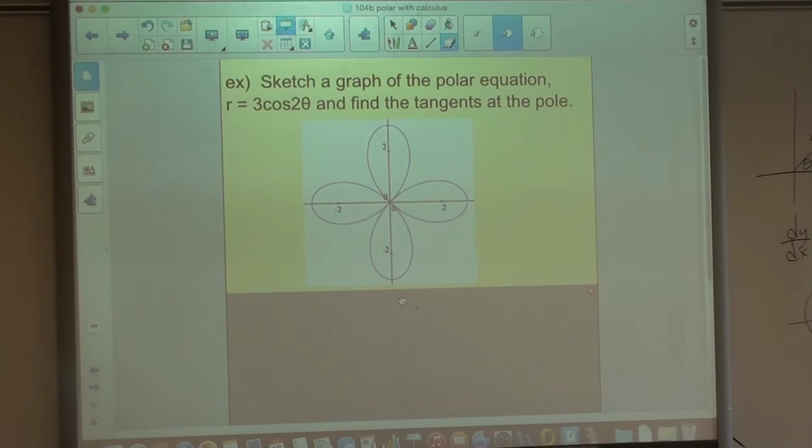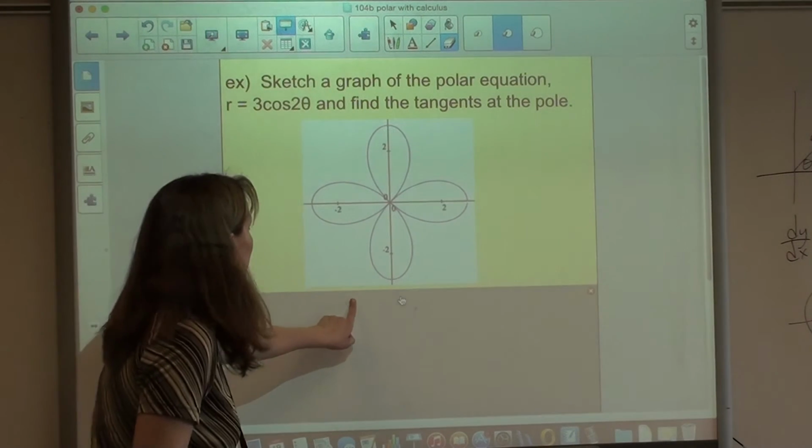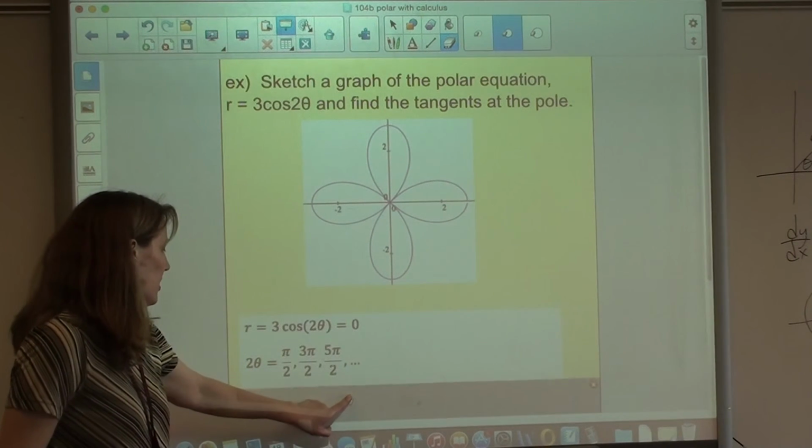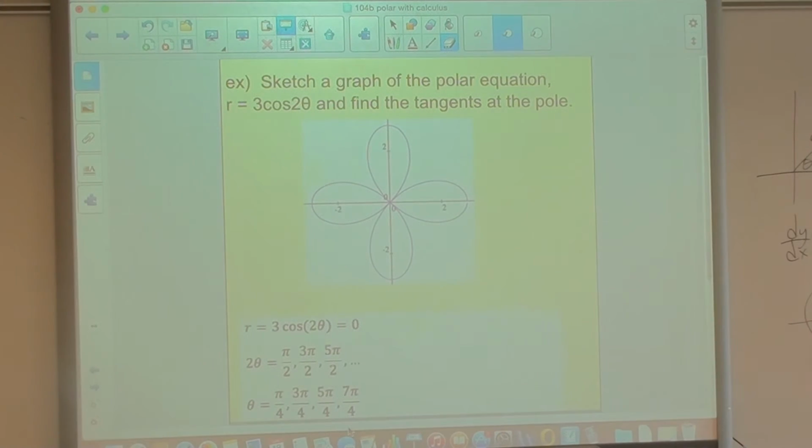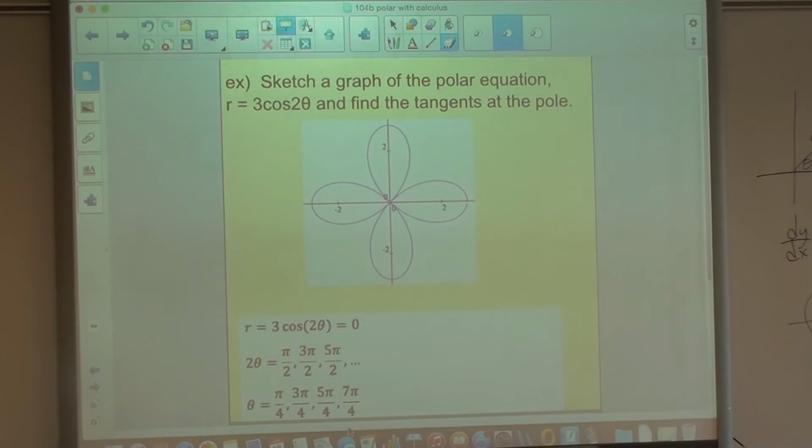All right. Quiet, please. So, did you get all the pi fourths as your zeros? Okay. Now that's showing where r is 0, but now we have to check if r prime is not 0. You do not have to find dy/dx. You literally just have to find r prime of theta.